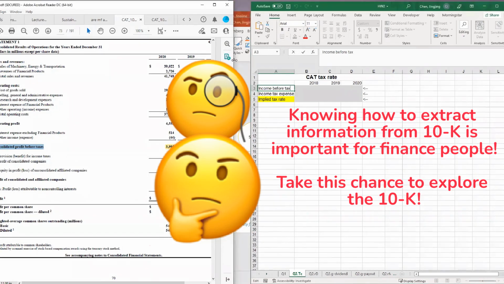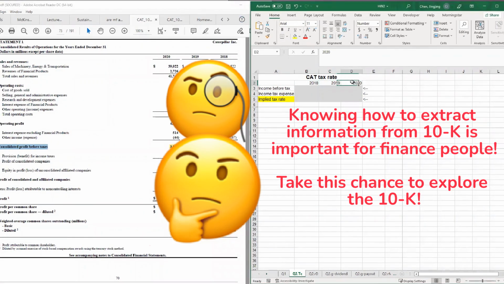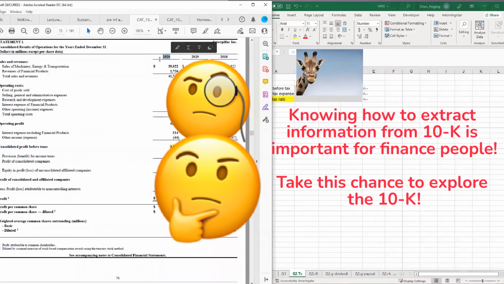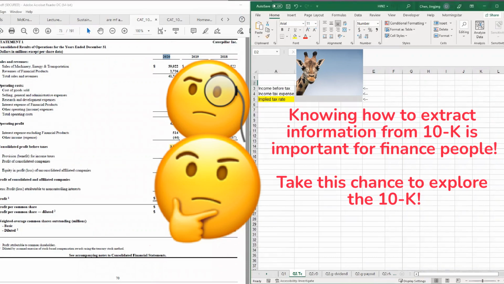You have 2018, 19 and 20, but 2020 is actually on the very left column. So just don't mess up the numbers by missing the years. So I'm going to manually type it. So 3995.